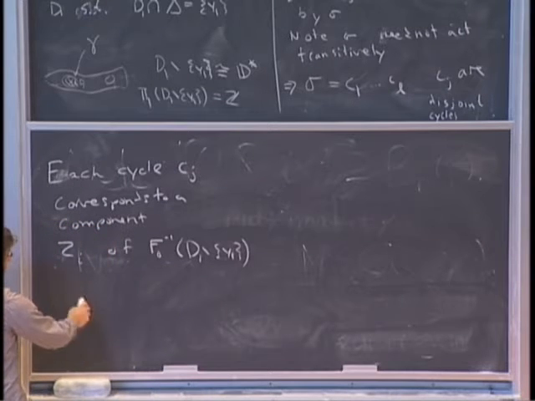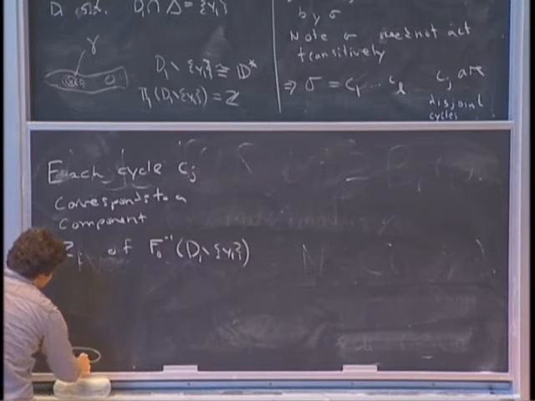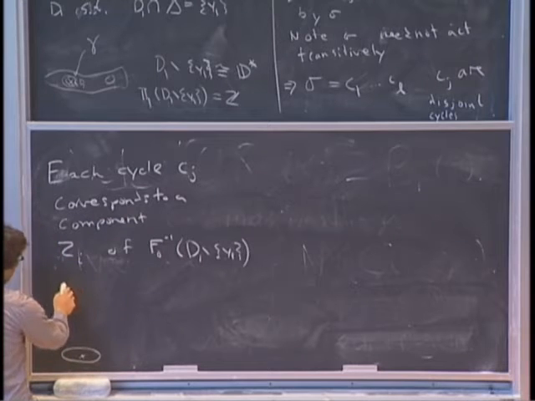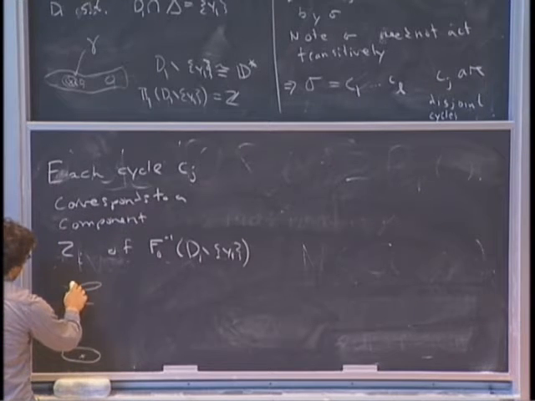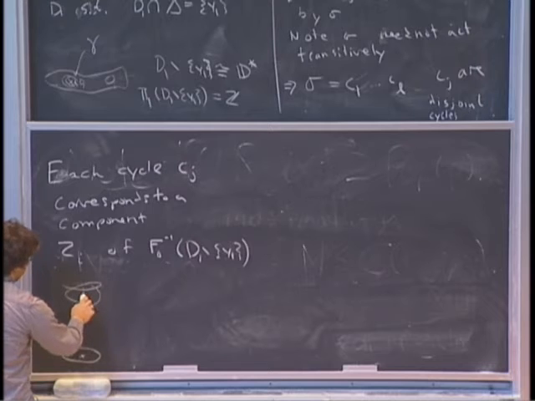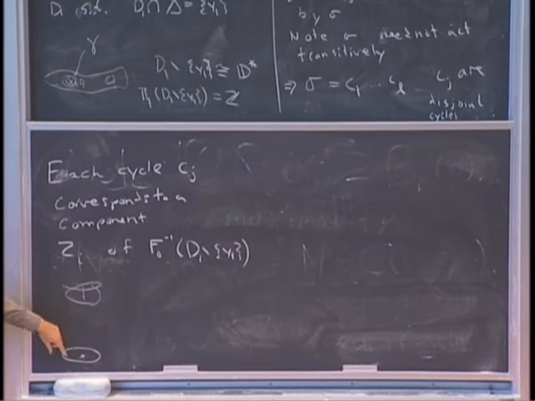Here's the point with the disk removed. Let's say we had a two-sheeted cover where going around once corresponded to going up.